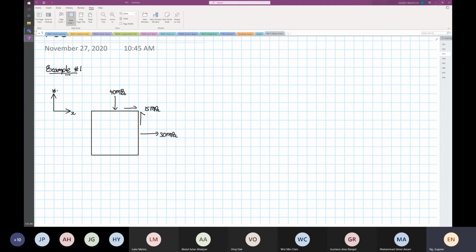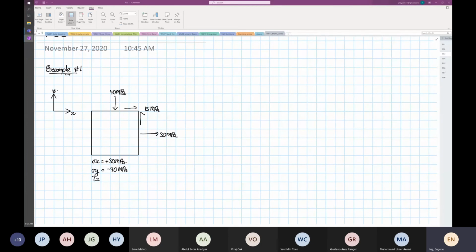Once you see this, you can immediately write this down. Stress X is equal to positive 30 megapascal. Stress Y is equal to minus 40 megapascal.